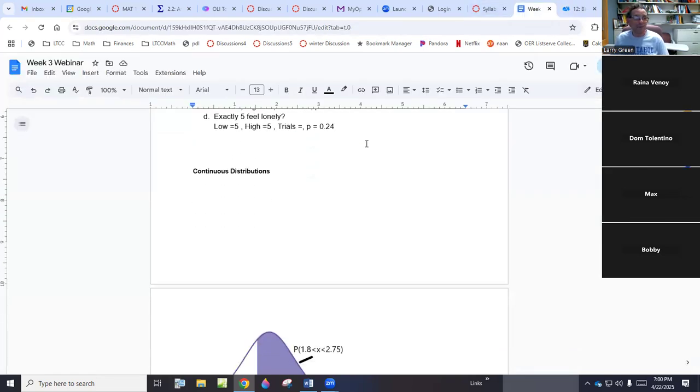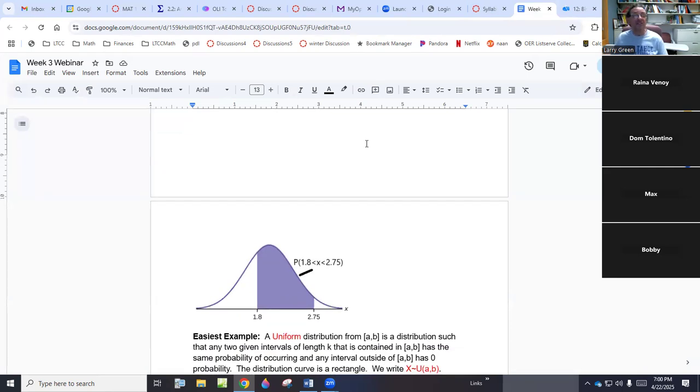And we're going to talk about continuous distributions. Remember, continuous distributions mean you can't list all the possibilities. So you can't make a table, by the way, because if you can't list them, you can't put them in a table. So what you usually do is make a graph. This is a graph with a normal distribution, by the way. Let's suppose that we wanted to find the probability that x is between 1.8 and 2.75.